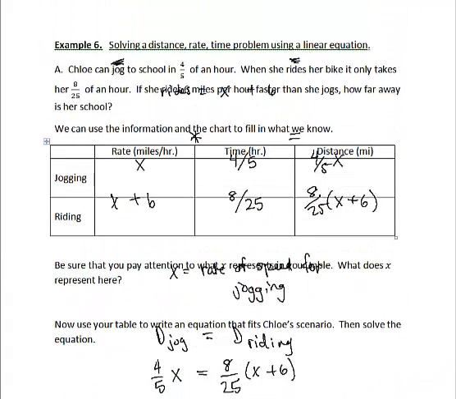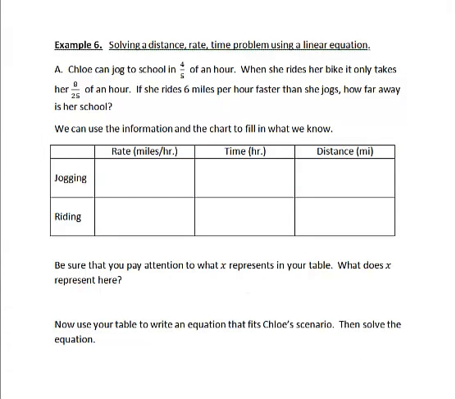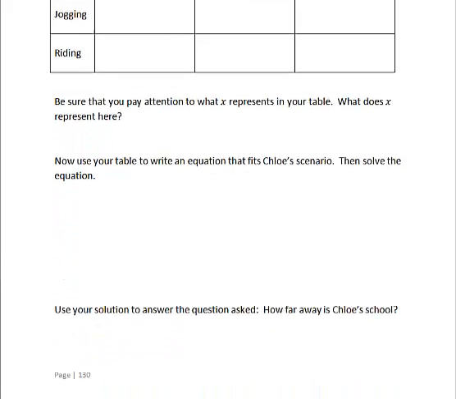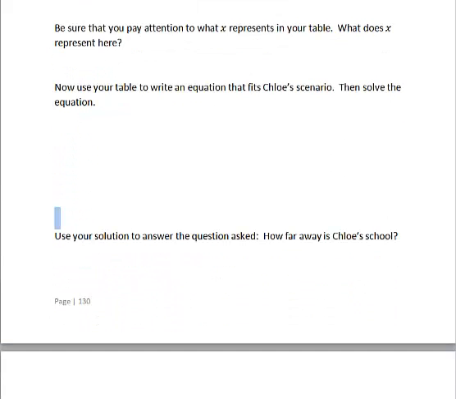Alright, so I've got 4/5 x. I'm going to have to erase this and then rewrite it so I can have space to work it out. Four-fifths x equals 8/25 times x plus 6.